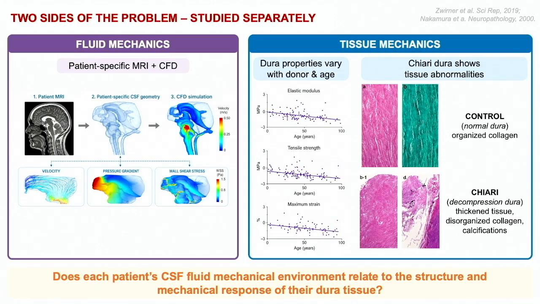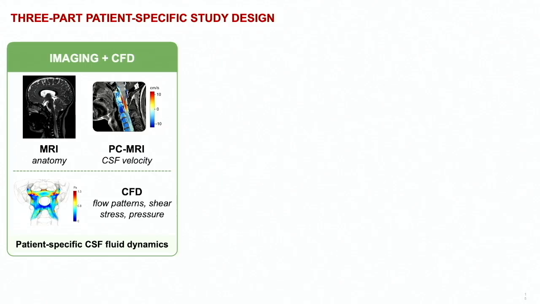However, these two sides of the problem have largely been studied separately, and we do not know whether they're connected within the same patients. So we do not know whether the CSF fluid dynamics environment is related to the structure and mechanical behavior of the dura and myodural bridges.